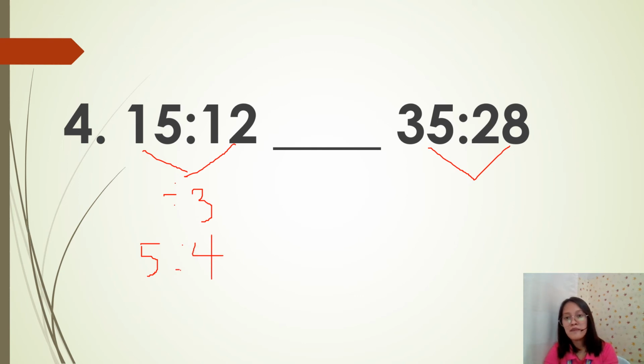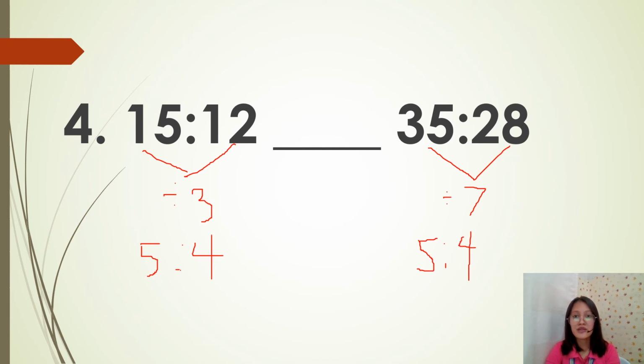Then, dito naman, sa kabila, we have 35 is to 28. Divisible by what number sila? So, they are divisible by 7 or yung GCF nila is 7. So, 35 divided by 7, that is 5. Then, 28 divided by 7, that is 4.